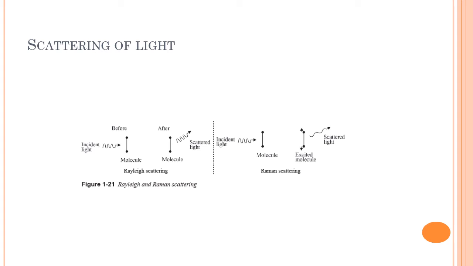If the re-emitted light has a longer wavelength, the molecule is left in an excited state, and the process is called Raman scattering. In Raman scattering, the secondary photons of a longer wavelength are emitted as the molecule returns to the ground state.